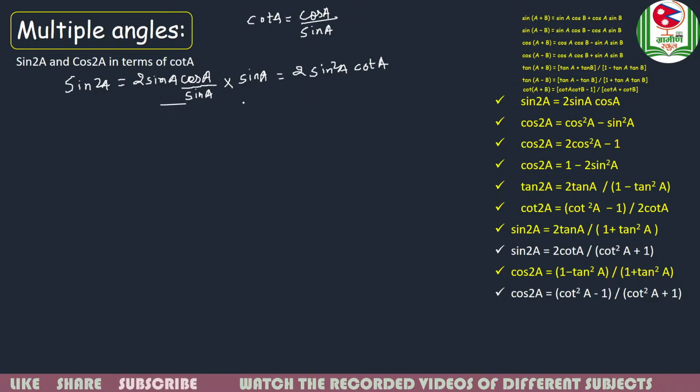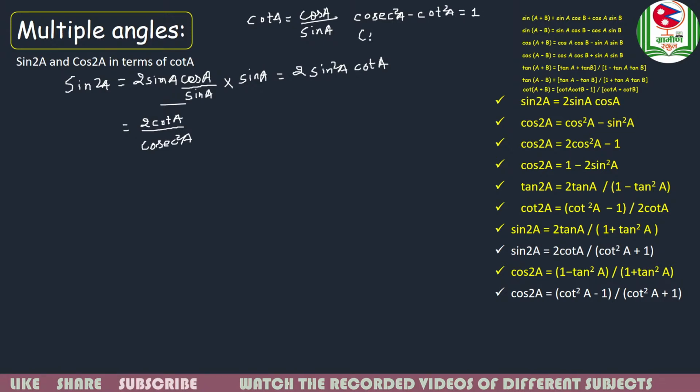So this can be again written as 2 cot A upon this sin square A can be written as cosec square A. And once again you have to remember one formula, that is cosec square A minus cot square A equals how much? Is equal to 1.